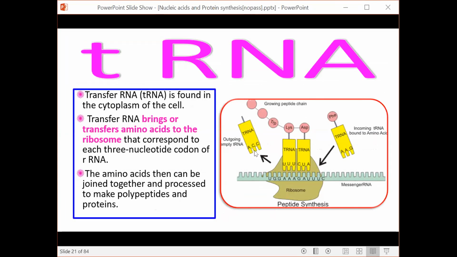Now tRNA will contain the three nitrogen bases which are complementary to the sequence on mRNA, and it will have the sites where amino acids are attached. So this tRNA is bringing a new amino acid, then this chain is added, and that is how the protein synthesis happens. The protein synthesis is a different part, but what is the job of tRNA? Helping with amino acid recognition, helping with joining of amino acids forming polypeptide.